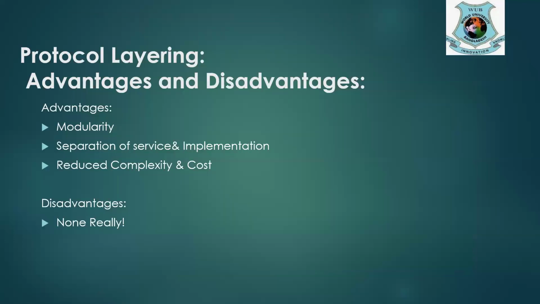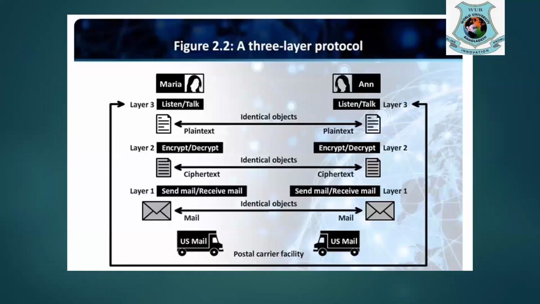Okay, now there are some advantages and disadvantages of protocol layering. Now, what are the advantages? So the advantages are modularity. Modularity means, see, when Maria is giving some message, that message is received by Anne in this whole process.